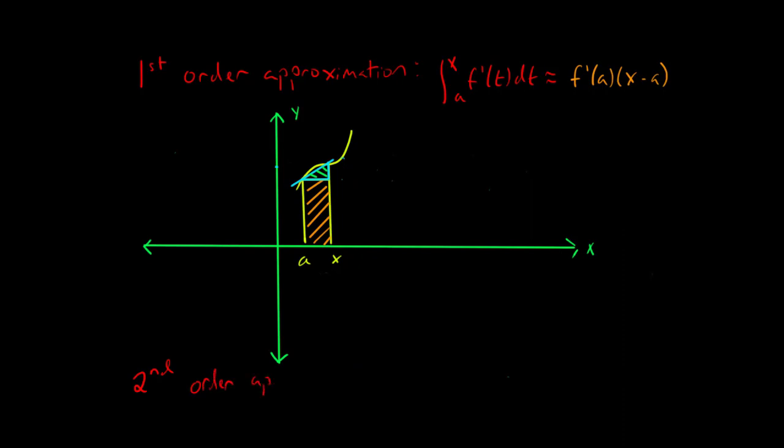So my second order approximation for the integral from x to a f prime of t dt roughly equals now the area of the rectangular region, f prime of a times x minus a, plus 1/2 f double prime of a times x minus a squared. That's my triangular region. Okay.